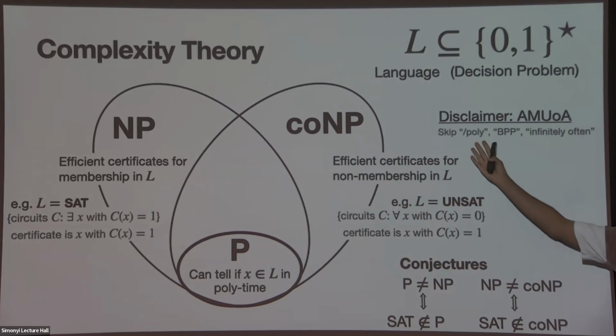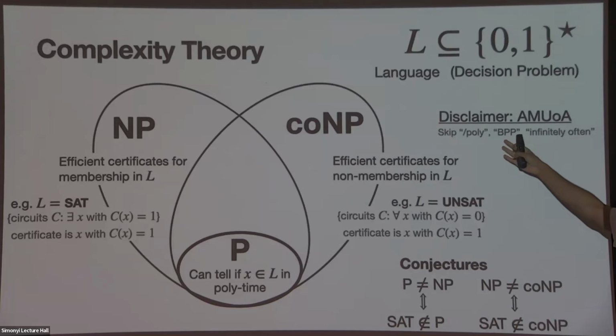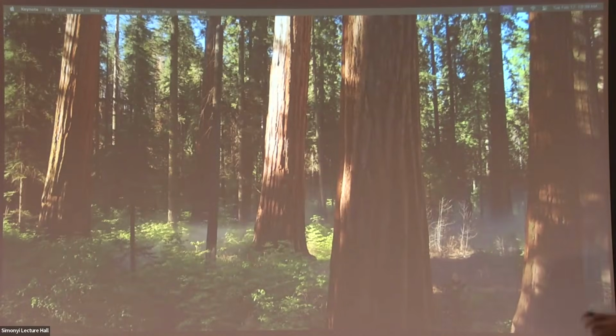For the experts in the audience, sometimes you want to make a complexity class by putting a /poly. Sometimes you want to make it a randomized complexity class by putting a BPP. Sometimes you want to talk about an infinitely often complexity class. I'm not going to do this. Either you know what that is, in which case I'll assume you're an adult and you'll see that this is supposed to be a /poly or infinitely often, or you don't know what this is and I don't want to confuse you.